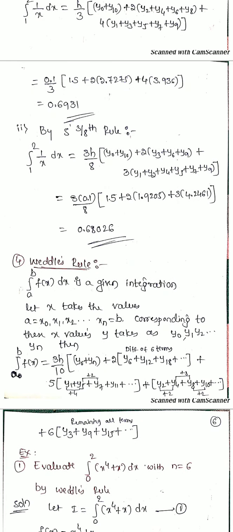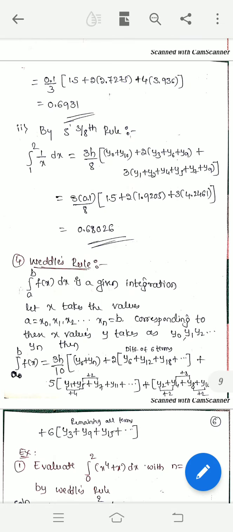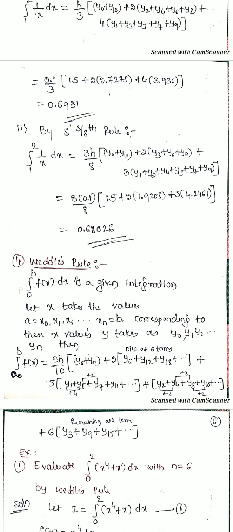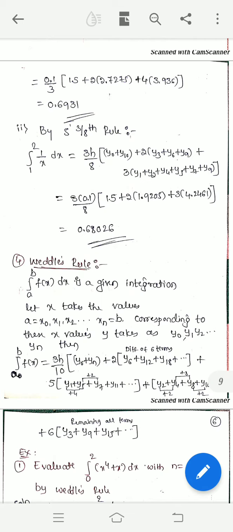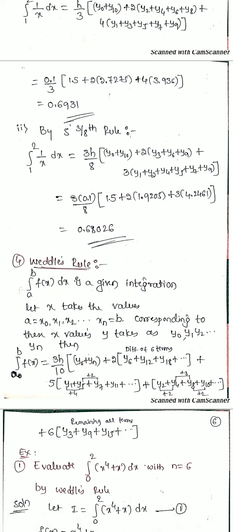That is equal to 3 into 0.1 divided by 8 into y0 plus y10, which is 1.5, plus 2 into 1.9205, adding these three values, plus 3 into 4.2461, adding these values. Then calculating the above result, we are getting 0.68026. Okay, so this is the method called Simpson's 3/8 rule.